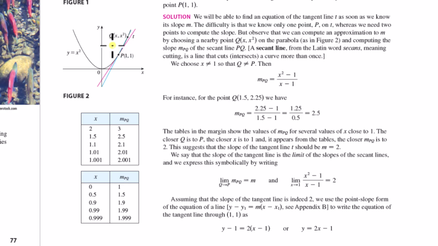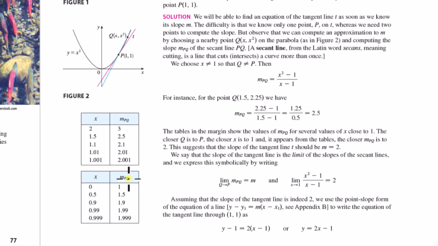So it's the limit as point Q approaches point P of the slope of the line that connects Q and P. That is the slope of the line tangent to the curve y equals x squared at point P. Mathematically, you've got the slope of the secant line in terms of x, and it's the limit as x approaches 1 of that slope. That's what we saw here.